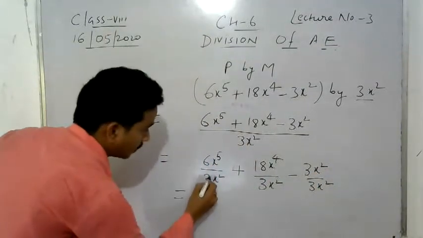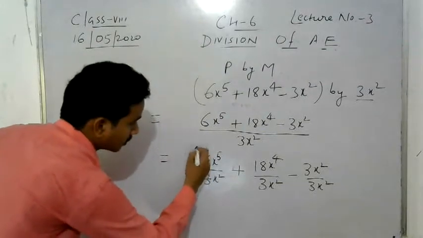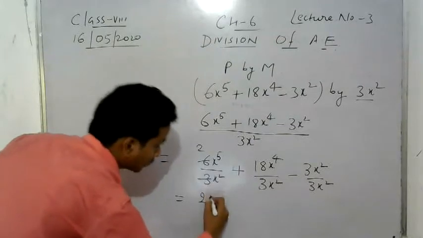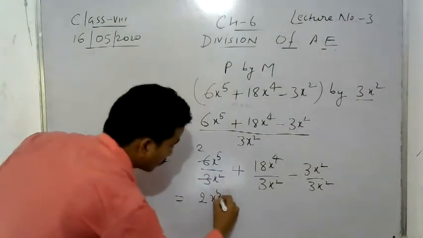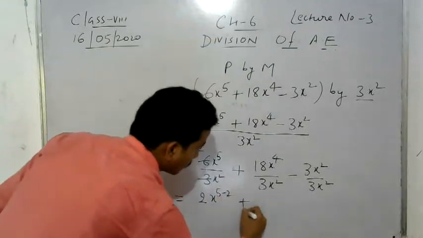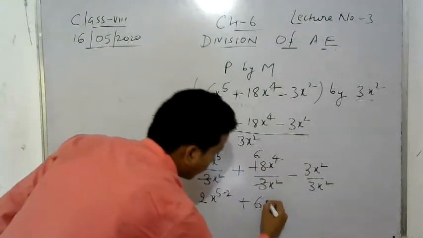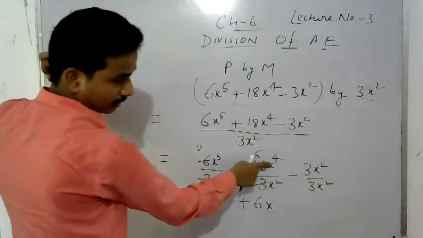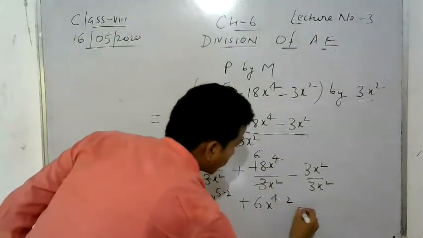Now here you can cancel: 3 twos are 6, and for x the power will be subtracted, 5 minus 2. Now plus, you can cancel it, 3 sixes are 18, so 6 x to the power 4 minus 2. The power of x here is 4 and here is 2, so the power will be subtracted, 4 minus 2.